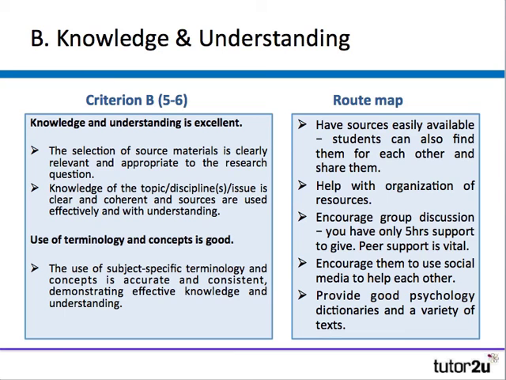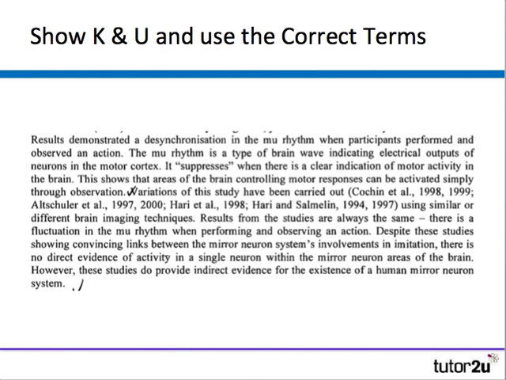Criterion B is knowledge and understanding. Knowledge and understanding is best exhibited by detailed examination of the material and by using the correct terminology, use of terminology and concepts. And again, this student has done this here.